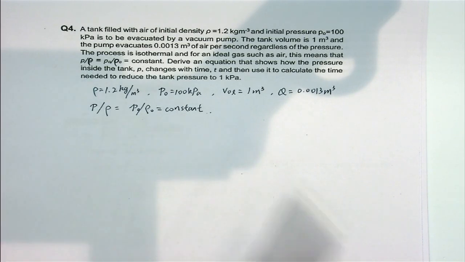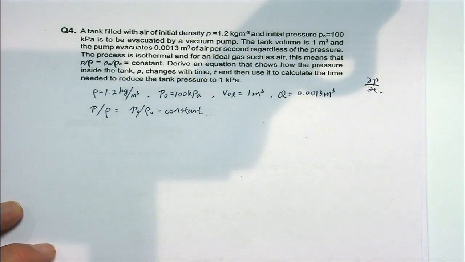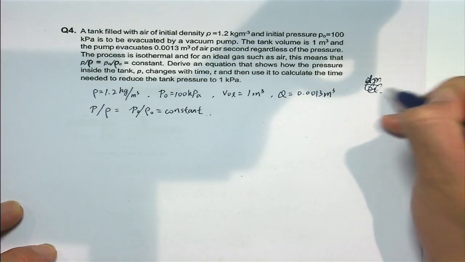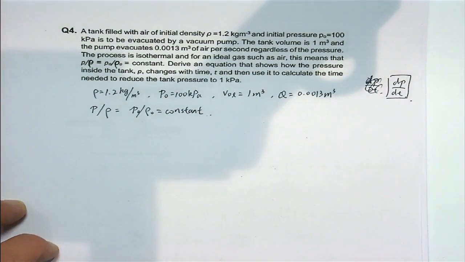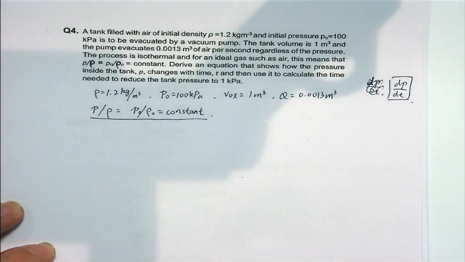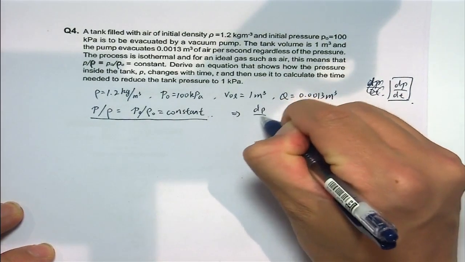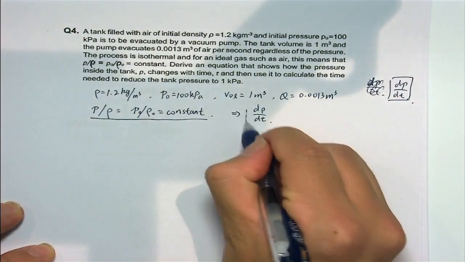It wants us to give how pressure changes with time, right? Sorry, it's dP over dt. It wants us to do this, and we know that it has this relation. So the first thing to do is that we can solve d rho over dt, right? We need to get that one.